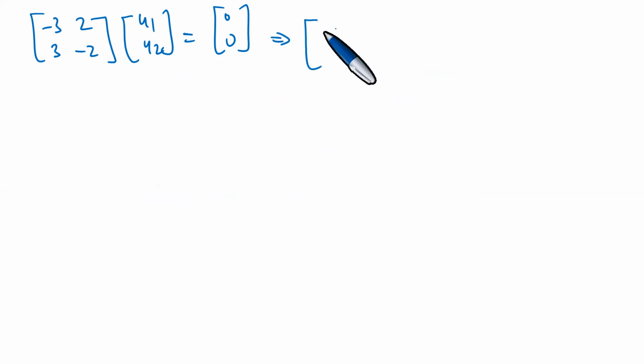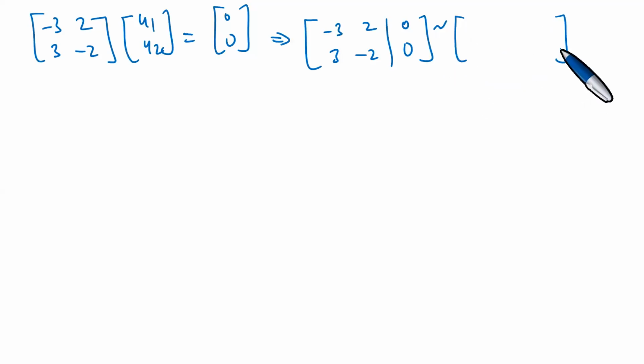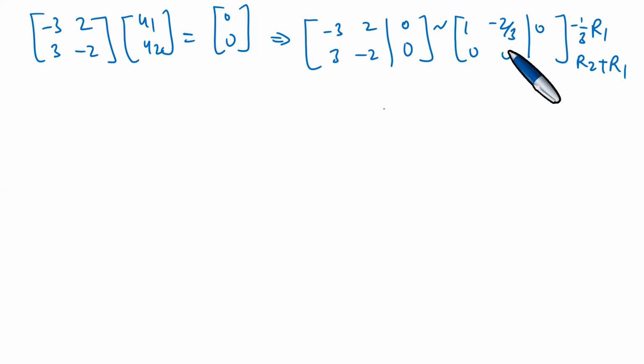We write the augmented matrix minus 3, 2, 3, minus 2. Then we do minus 1 over 3 row 1. And here we can say row 2 plus row 1, giving zeros like this.